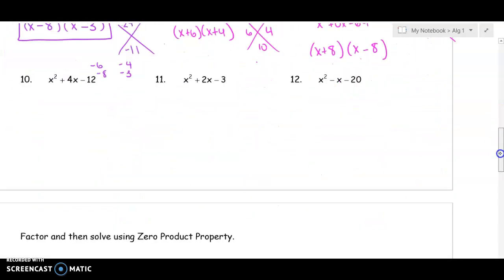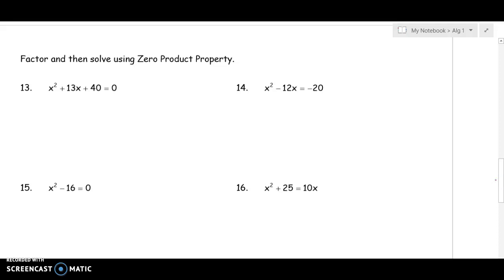Now we're going to go to the back, and we're going to do some factor and then solve using zero product property. Notice the key word here. It says to solve. All right, since we are going to be solving, that means that we're going to be doing our zero product property. We're going to eventually be setting things equal to 0 and getting an answer of like x equals this or x equals that.